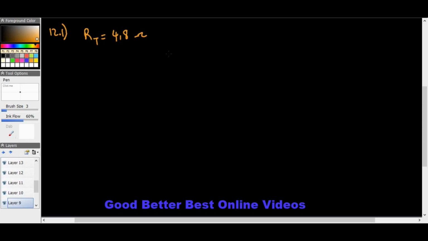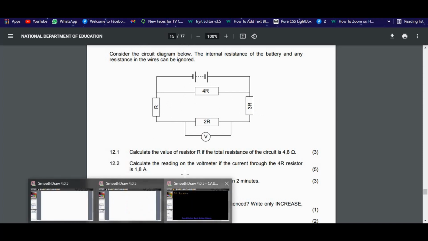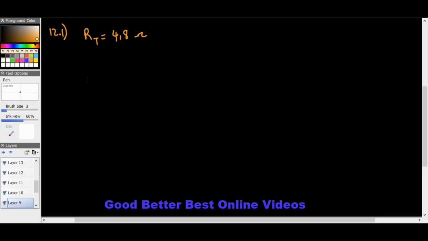RT is 4,8. I'm going to make the assumption that 4R is in parallel with 2R and 3R is in parallel with R, because they're both opposite each other, both parallel to each other. Two sets of parallels. So the total resistance is a product of those 2 parallel circuits.